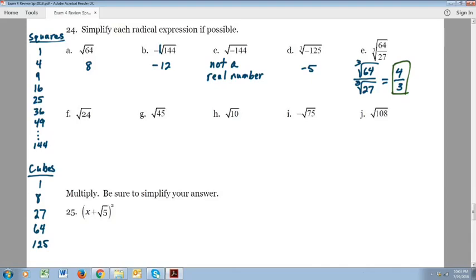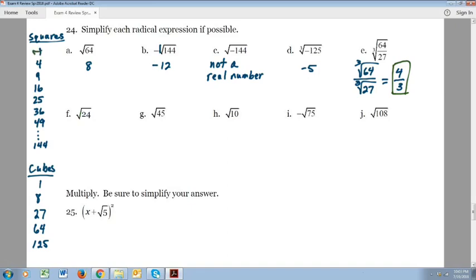Now on F through J here, these are not the square roots of perfect squares or cube roots. We learned that if the radicand, so that would be the 24 here, if it has a perfect square factor other than 1, so don't count the 1, then it's not considered a simplified radical.